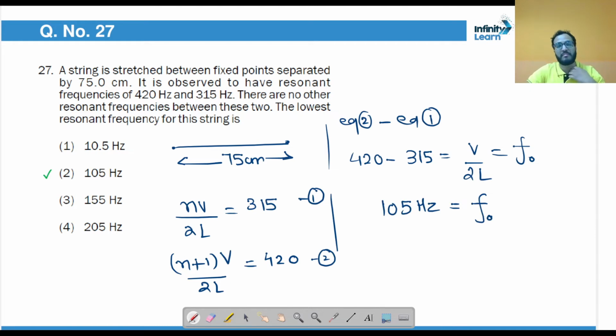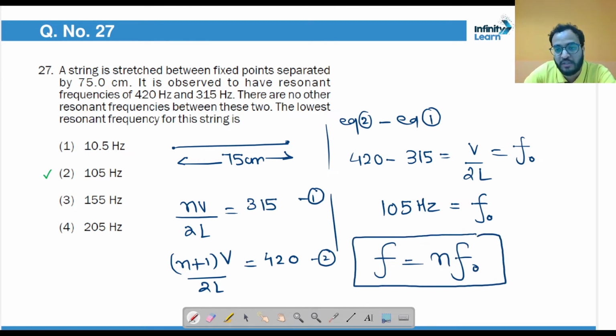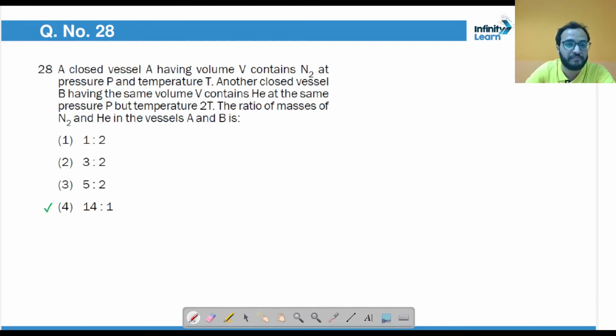You remember, when both ends are closed, the resonant frequencies are integral multiples of the fundamental frequency, so f is nf naught. The difference between two consecutive frequencies is nothing but the fundamental frequency only. So the difference of 420 and 315 is the fundamental frequency.